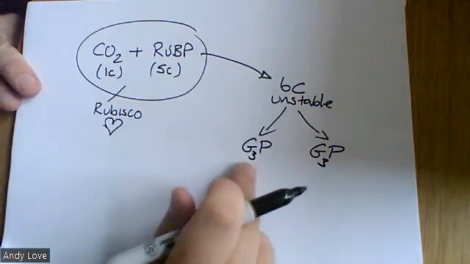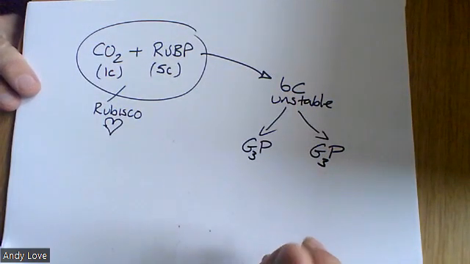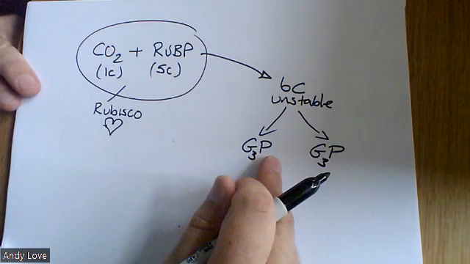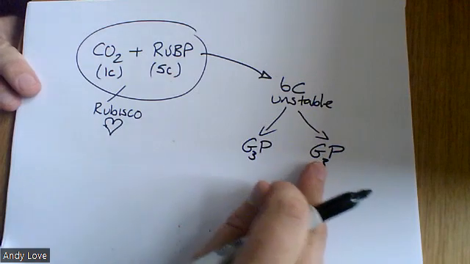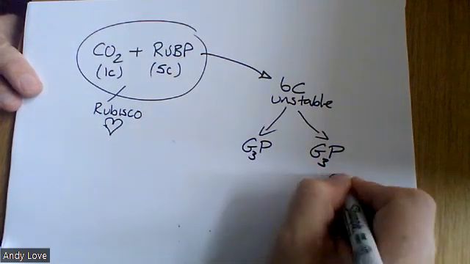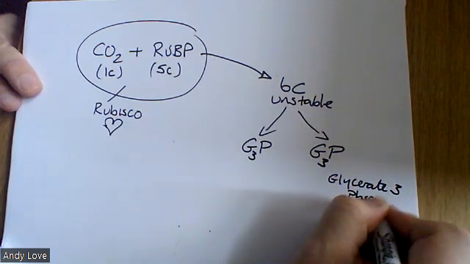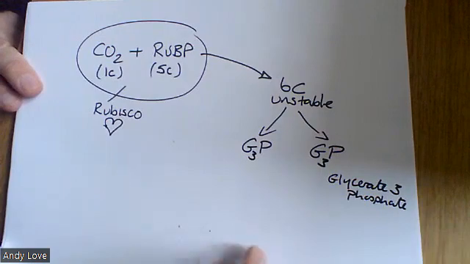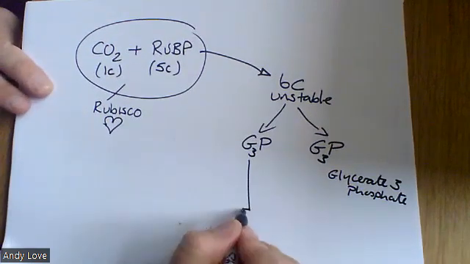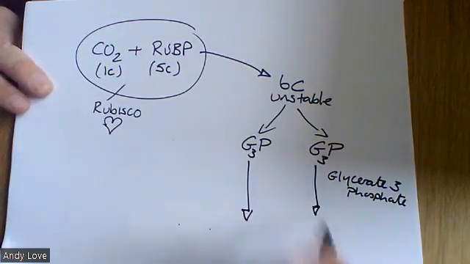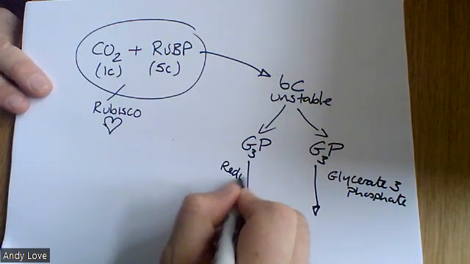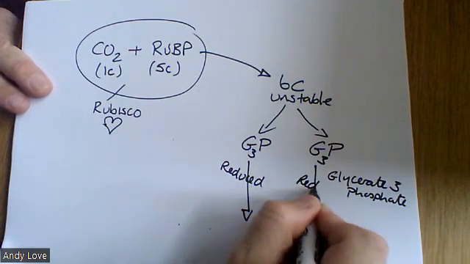So the 6 carbon is unstable and it turns into 2 molecules of glycerate 3-phosphate. Glycerate 3-phosphate is pretty useless. So what it's done, it's reduced. Please use that term. It's reduced. How do we reduce it?